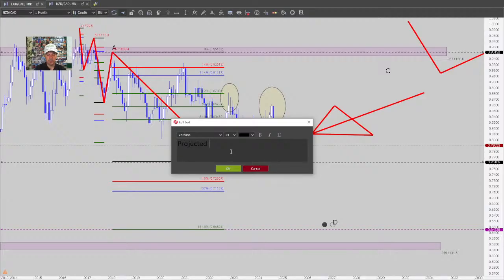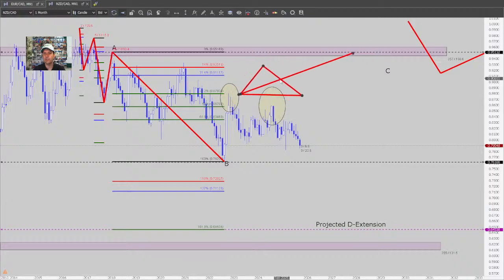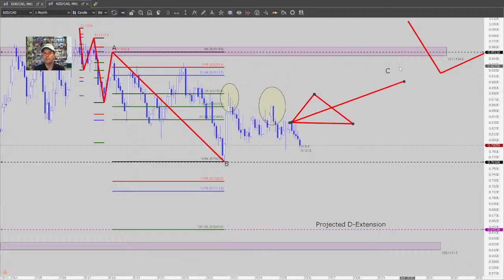Everybody, you're going to see in the Fibonacci mastery extension how trading Fibonacci is relatively easy. Which one is the C, everybody? First circle, second circle?